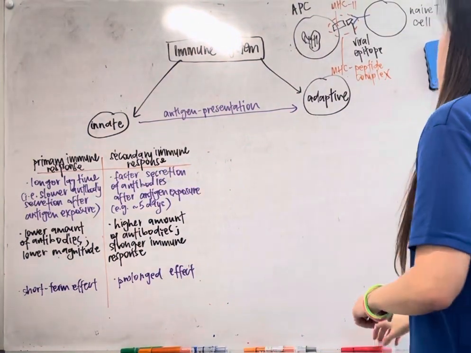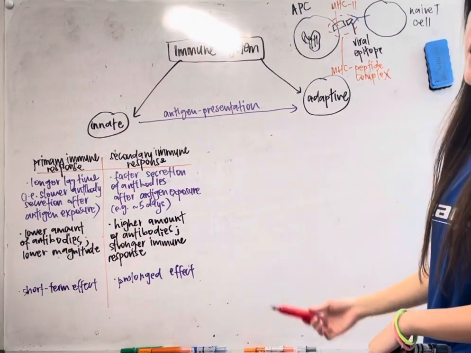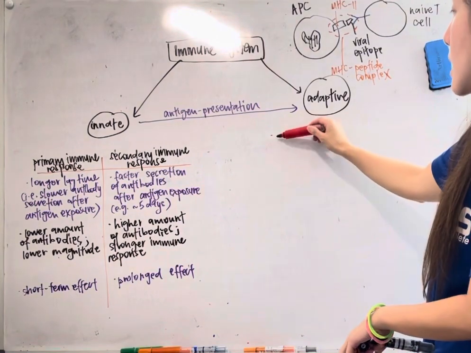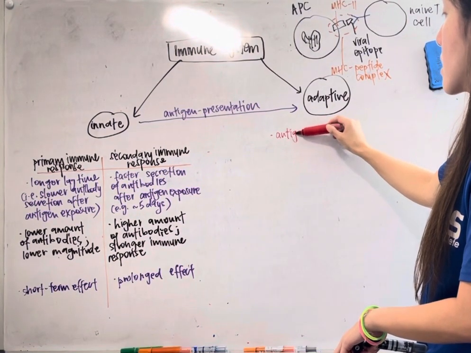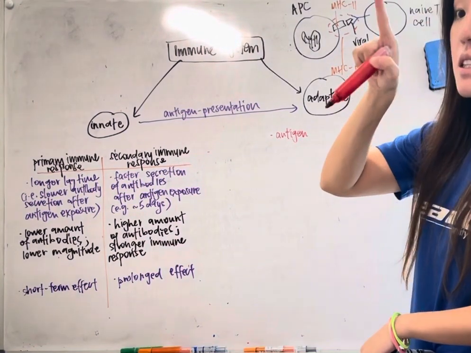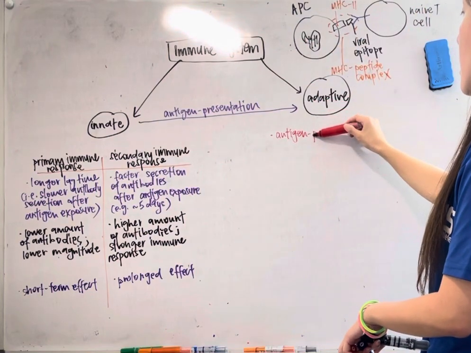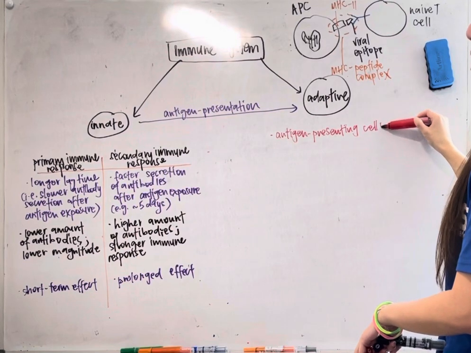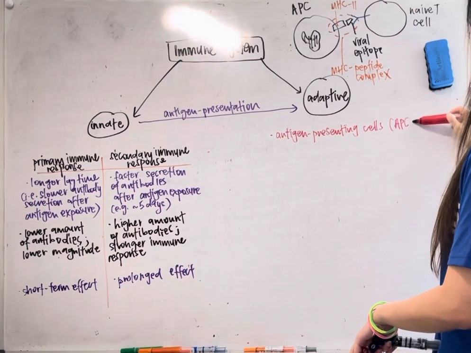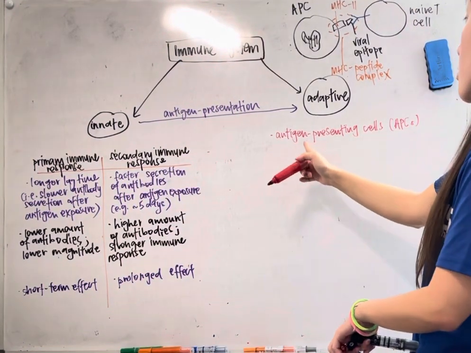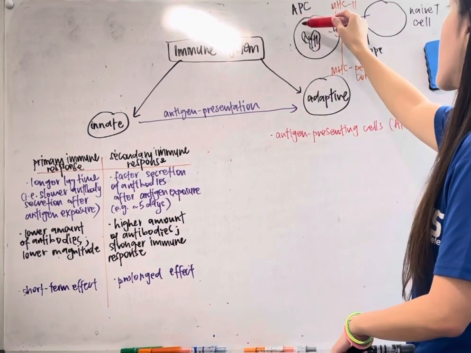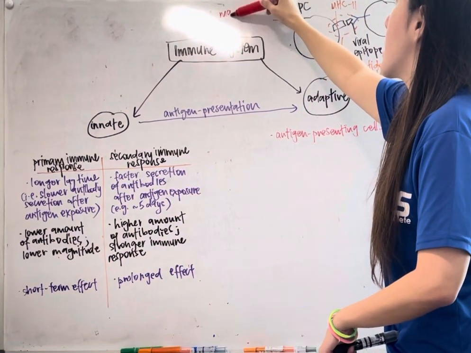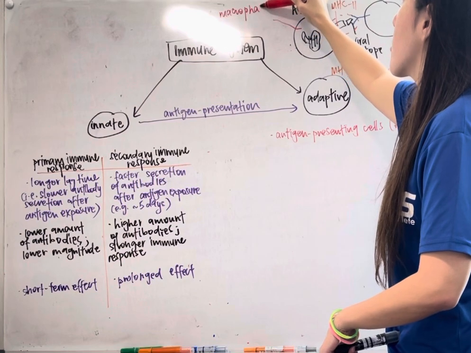So first one, you always must mention your antigen presenting cells. In exam, you must always spell out the whole thing, you cannot write APC. The antigen presenting cells, okay? Then you write your APC, by the way. Please take note, antigen presenting cell can be, for example, in your syllabus, the very common one is your macrophages.